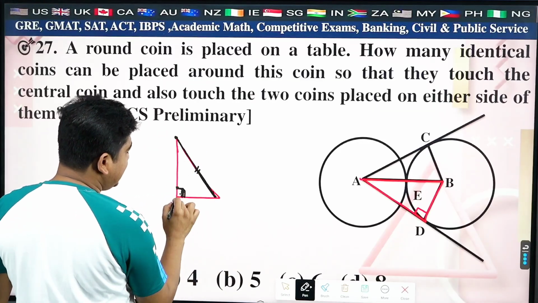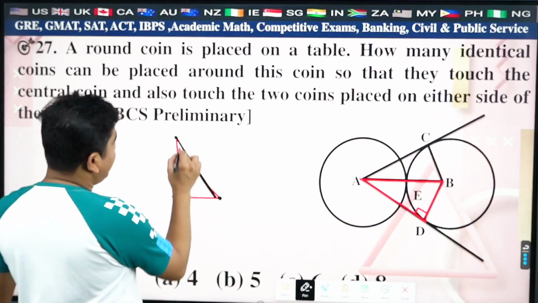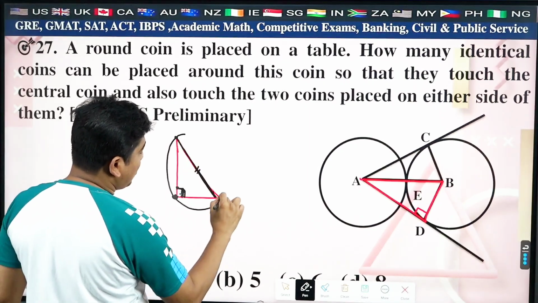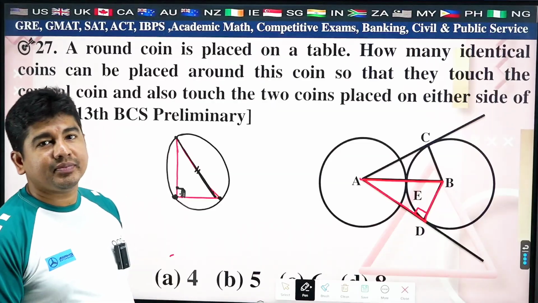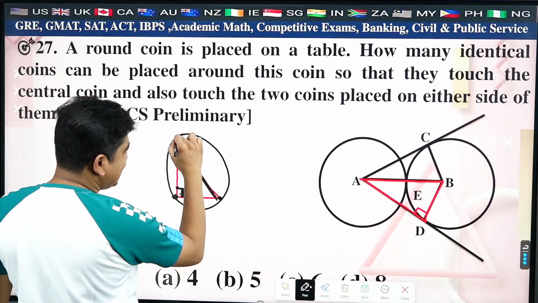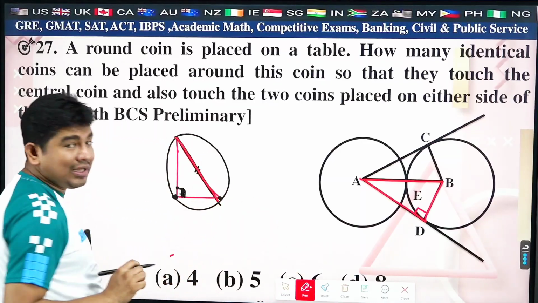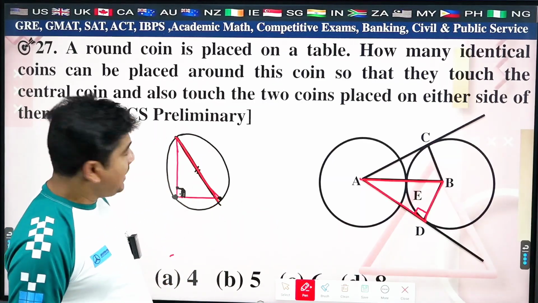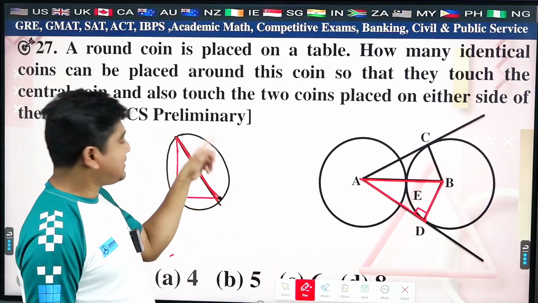It has 3 vertices. From these 3 vertices, if you draw a circle, this circle is called the circumcircle, and this is the hypotenuse of the triangle, and the hypotenuse of the triangle is the diameter of the circle.